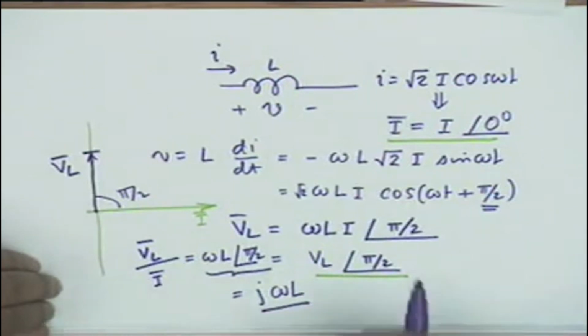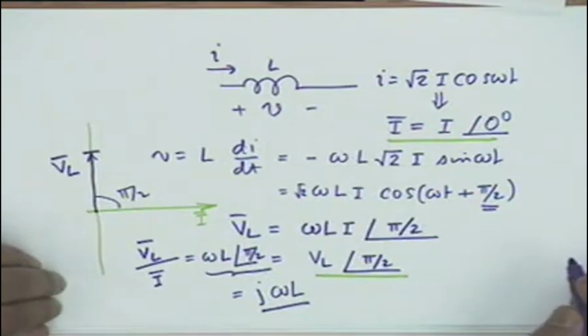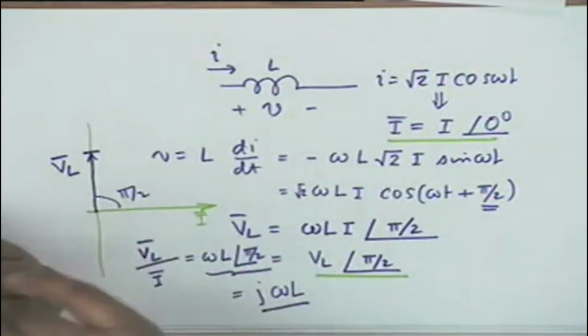Alright. And you notice that for an inductor, if the current is exponential, e to the st, then the voltage is SL times e to the st, and SL was defined as the impedance of the inductor.